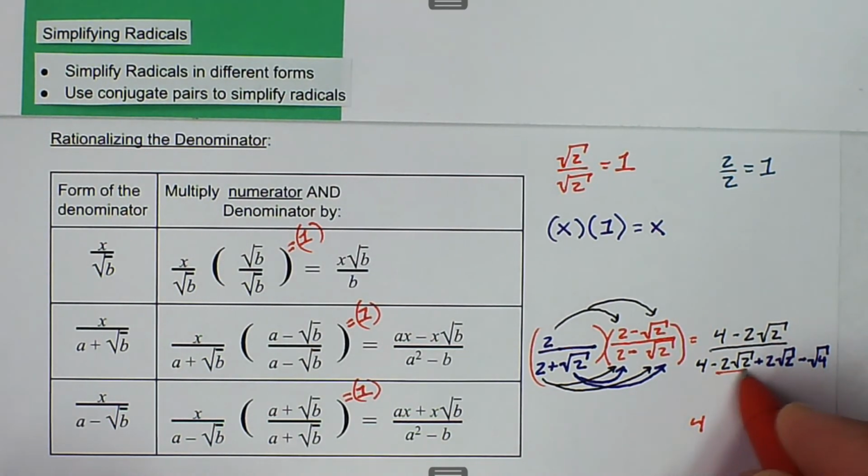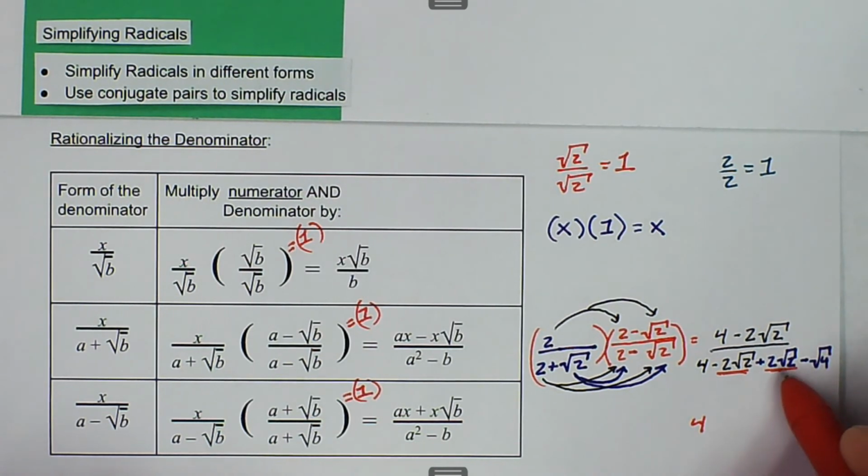Now we have a negative 2 square root 2, and then we have a positive 2 square root 2. So these actually cancel each other out. And then we know that the square root of 4 is 2. And we can't do anything with the numerator.